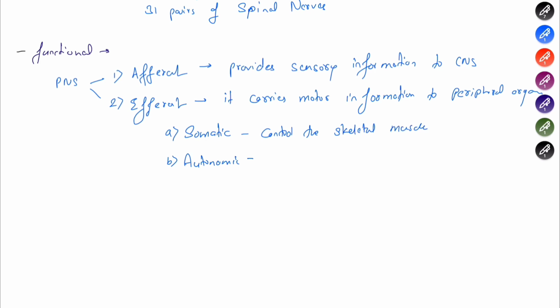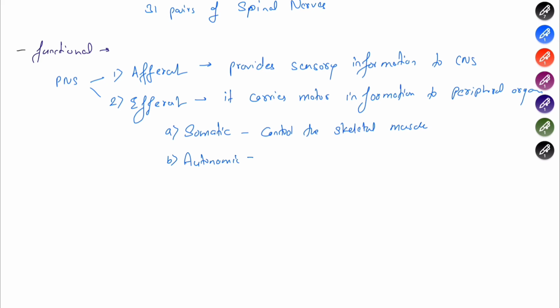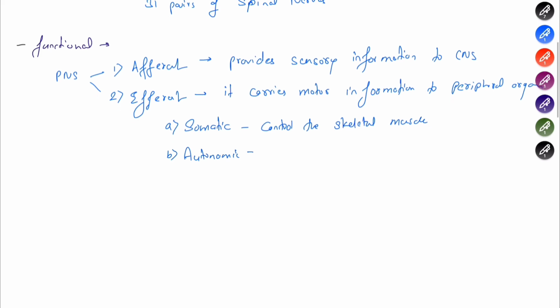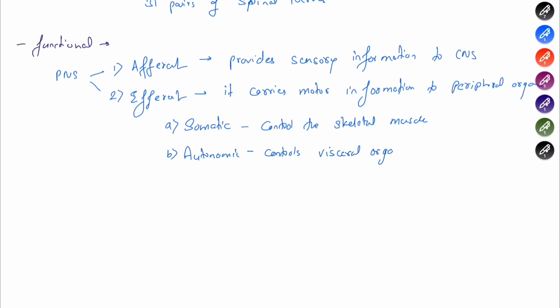And autonomic controls the visceral organs, smooth muscles, glands, and blood vessels.